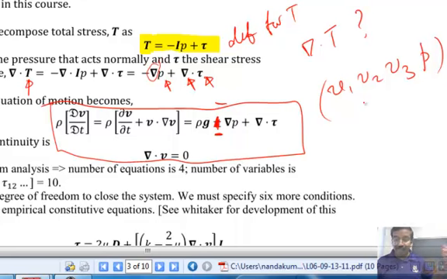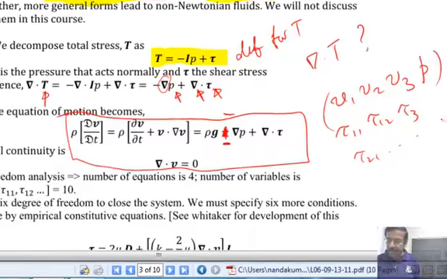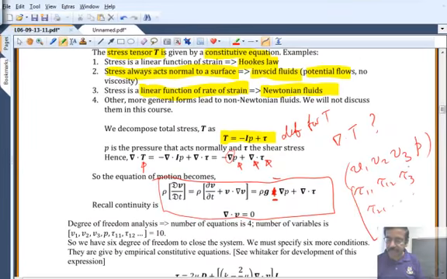The velocity vector V contains three unknowns, V1, V2, V3. And the shear stress tensor tau contains tau 11, tau 12, tau 13, tau 21, etc. It turns out, and we will show pretty soon, that the shear stress happens to be symmetric. If it is symmetric, how many unknowns will there be in that matrix?